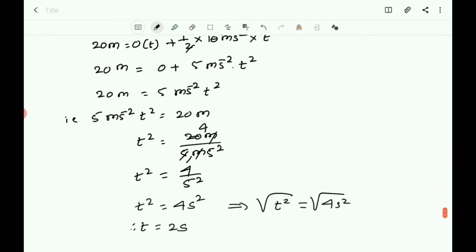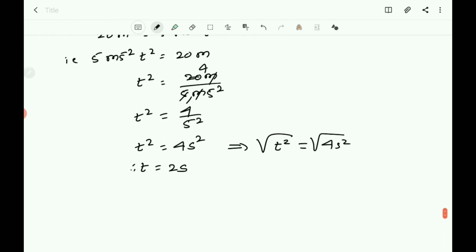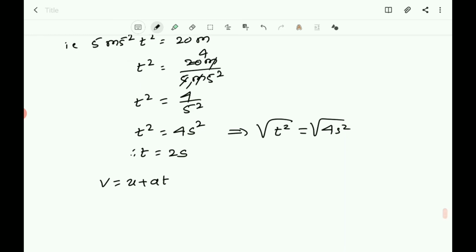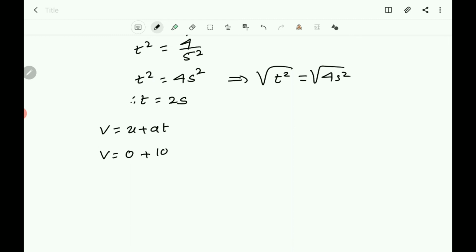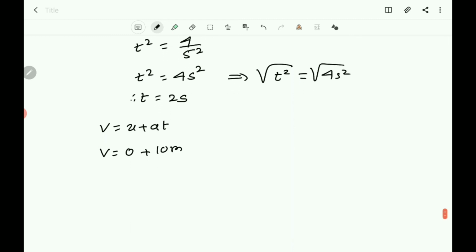Next, get V here. So to get V, you write V is equals to U plus AT, because here T you got, A is given, U is also given, that is 0. Then V is equals to U is 0 plus A is, that is 10 m s to the power of minus 2 into T is 2 seconds here.